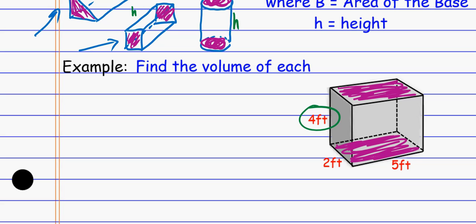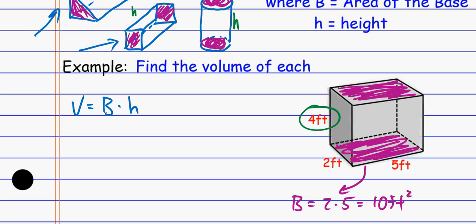And so as I look at this thing, I have to find the area of the base. So to get volume, it's the area of the base, that's what that capital B represents, times the height. On this one, because the base is a rectangle, the area of the base is length times width, okay? And so the area of the base for this one is 10 square feet.